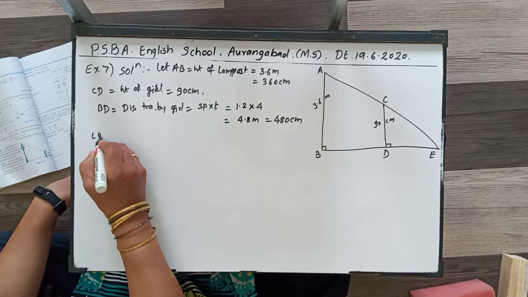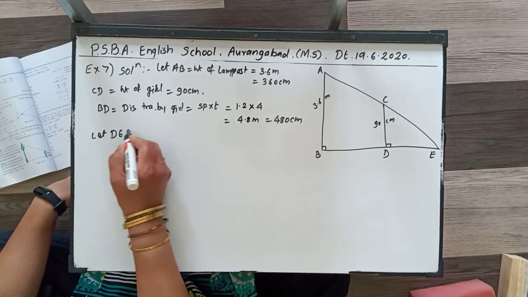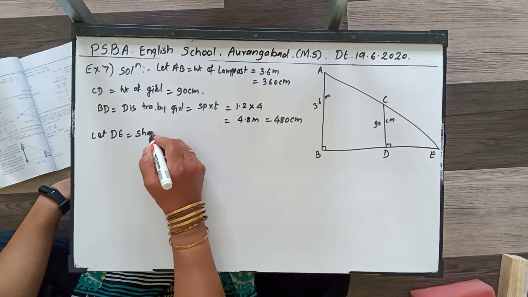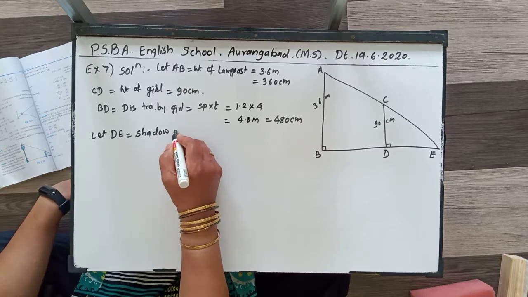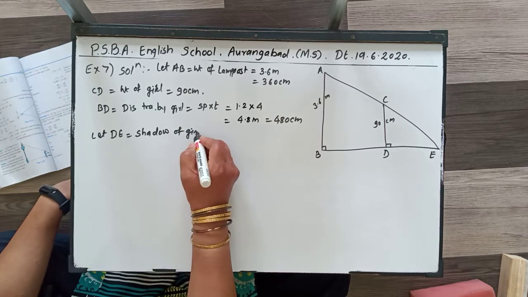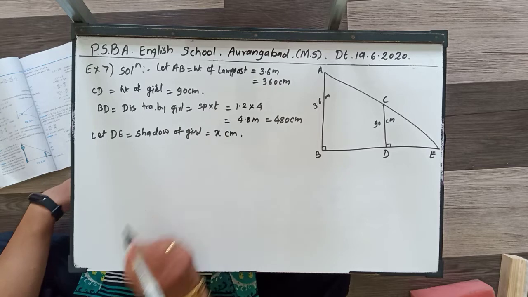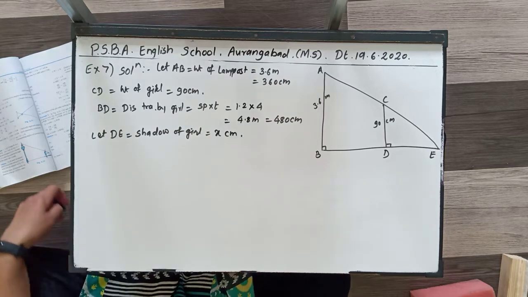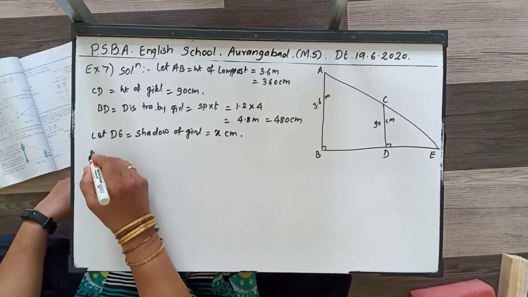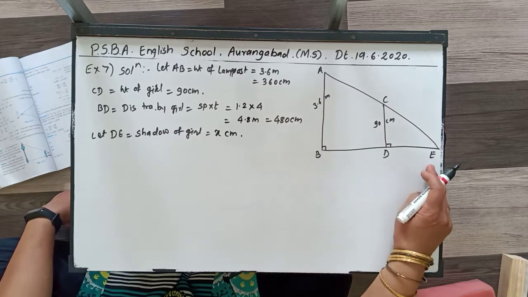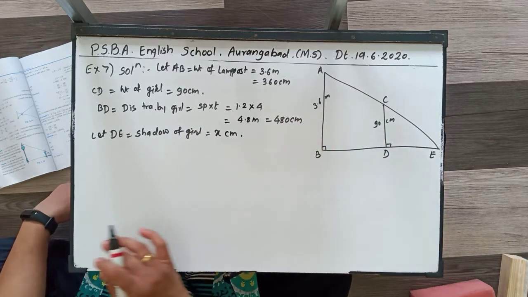Now let DE be equal to the shadow of the girl is equal to x centimeter. Correct? And one more thing we should understand, BE is the shadow of the lamp post.